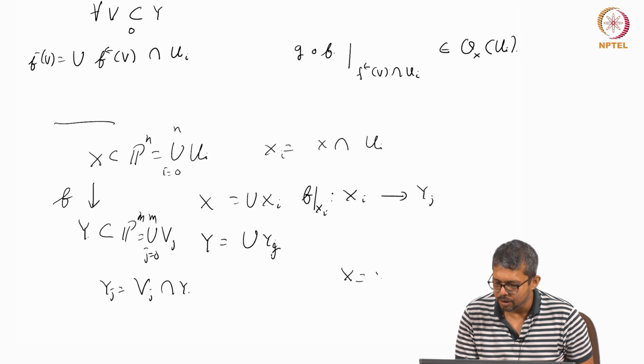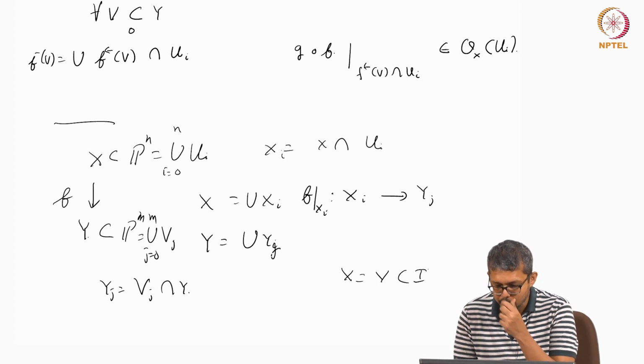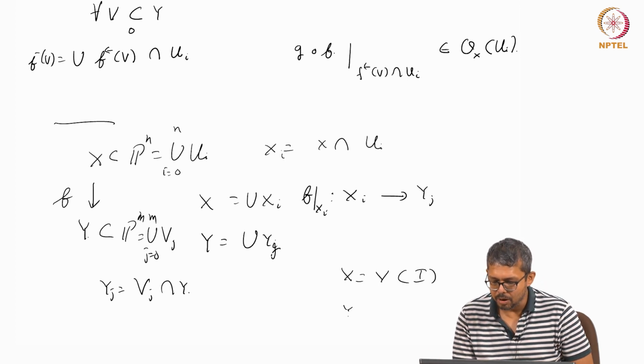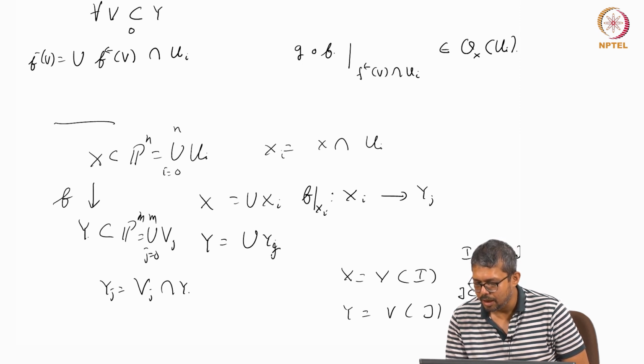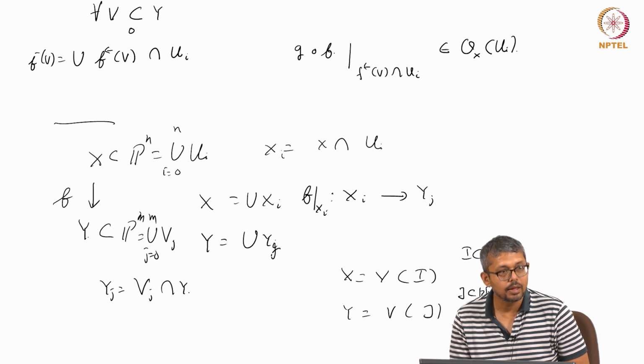X will be some V(I) and Y some V(J), where I is an ideal in k[x0, ..., xn] and J is in k[y0, ..., ym].